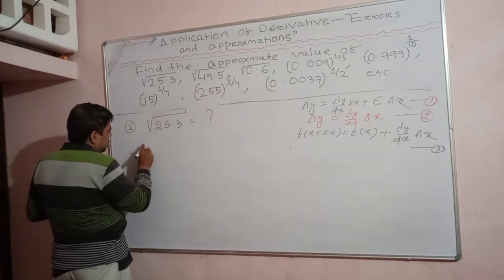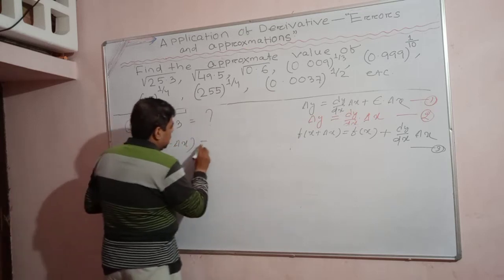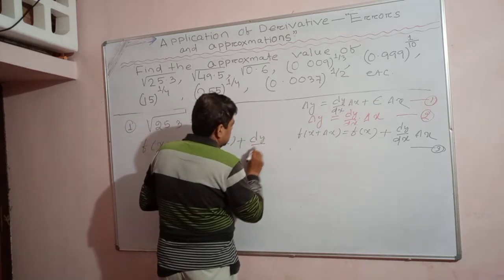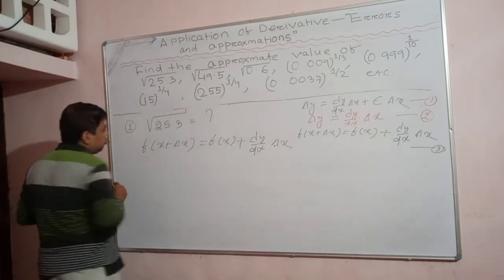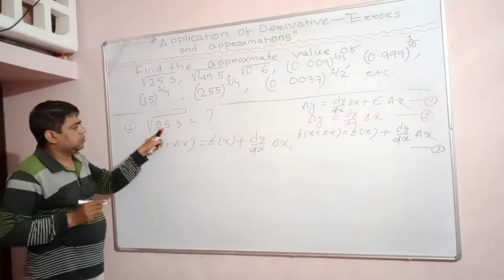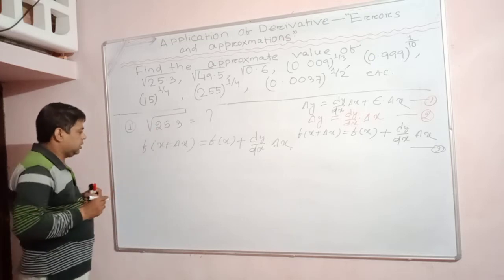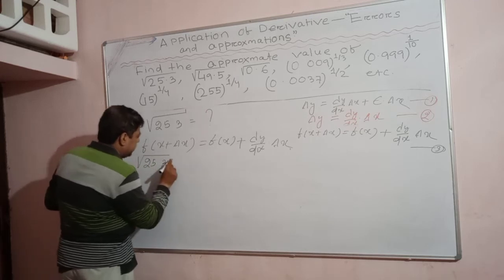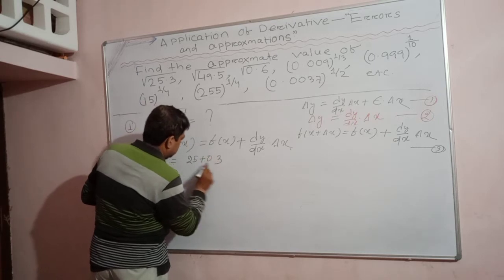You can write this formula: f(x plus del x) is equal to f(x) plus dy by dx into del x. Here you see 25.3. What is the integral part? The integral part is 25 and the decimal part is 0.3. So the square root of 25.3 can be written as the square root of 25 plus 0.3.